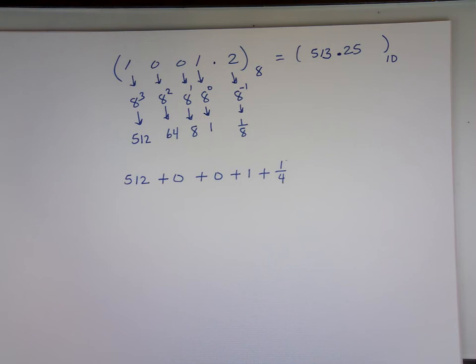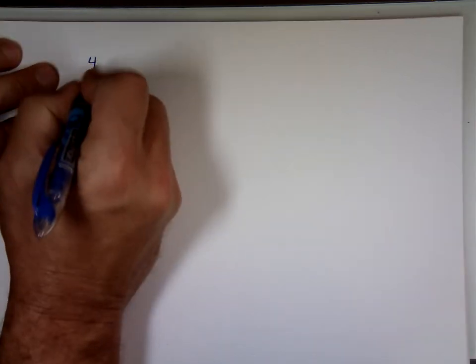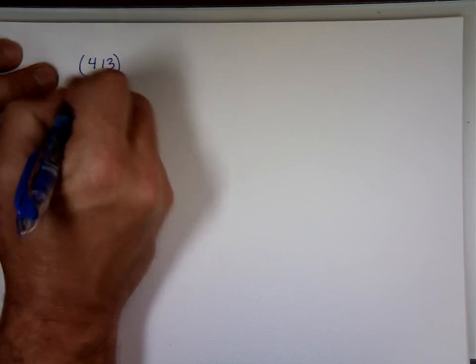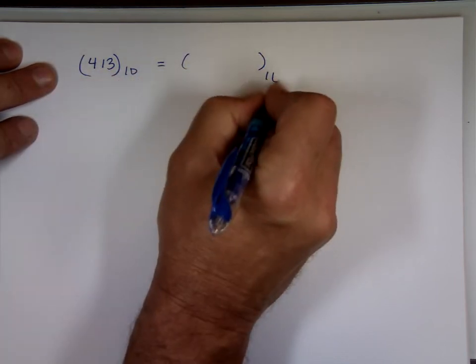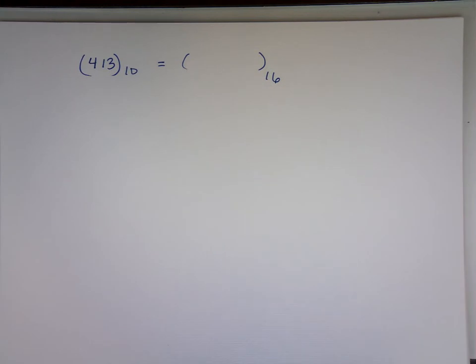Now the hexadecimal, 413. Base 10, I want to change it to base 16. 16 is bigger than 10, so you should have a smaller number than that number.